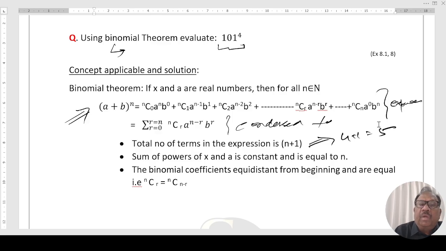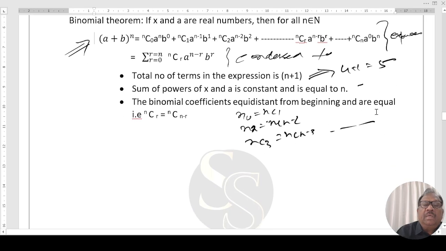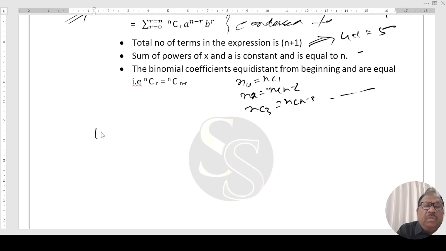Sum of powers of a and b is equal to constant, and the binomial coefficient equidistant from beginning are equal. That is NC0 equal to NCn, NC1 equal to NCn minus 1, NC2 equal to NCn minus 2, NC3 equal to NCn minus 3, and so on. Now, let's start. 101 की power 4.